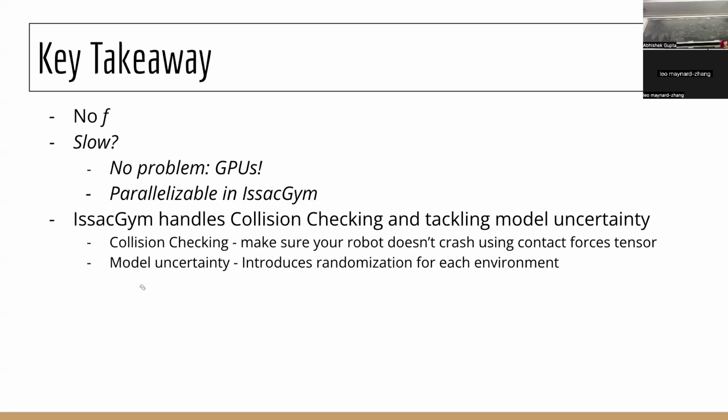And this is done by resetting the simulation to the observed values, then adding noise to simulate the state trajectories in Isaac Gym. Also, Isaac Gym tackles the computationally expensive aspect of MPPI by parallelizing on GPUs. Then finally, I didn't really mention much of this, but Isaac Gym also has built-in features for collision checking and model uncertainty.